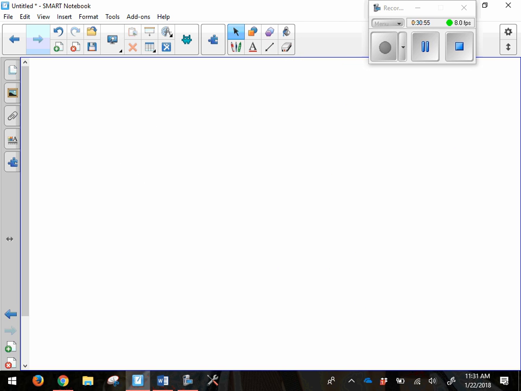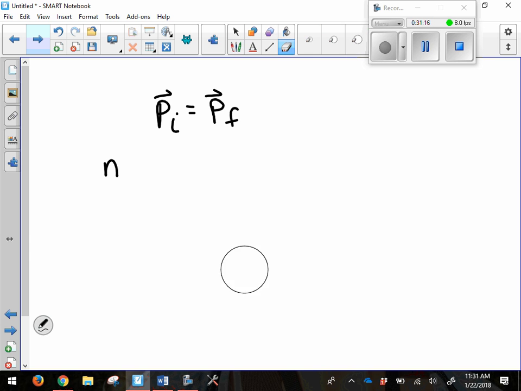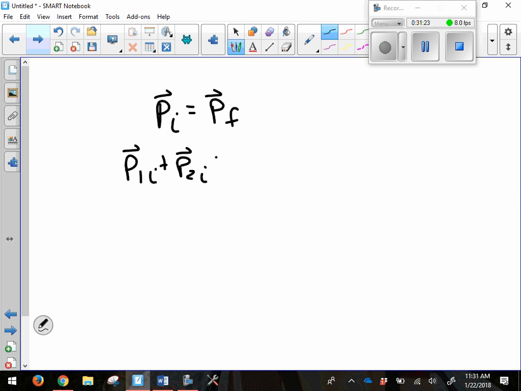Good. All right. So I'm going to say that my momentum before is equal to my momentum after. It's the momentum of the whole system, but I try to avoid using capital P's unless I absolutely have to. And then I like to write down the momentum of each of my objects. So I have p1i plus p2i.